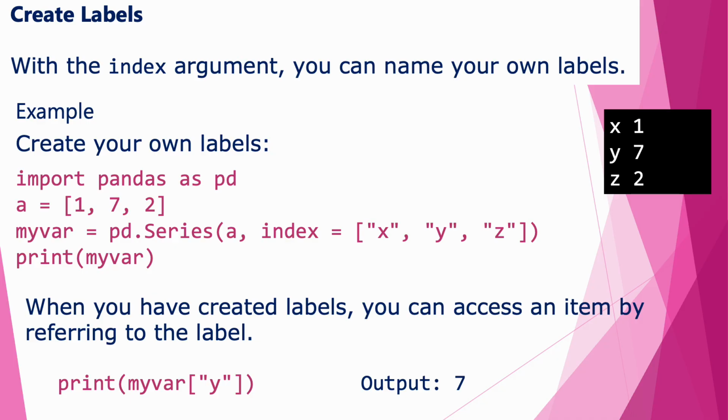You're passing the first argument a, and the second argument will be the label of the index, which is equal to x, y, z. So instead of 0, 1, 2, now you got the names of the labels as x, y, and z. Now hereafter you are not going to use 0. If you want to access any particular element, you are going to specify the label name. So here the label name is specified inside the quotes, and you will be getting the corresponding output here.